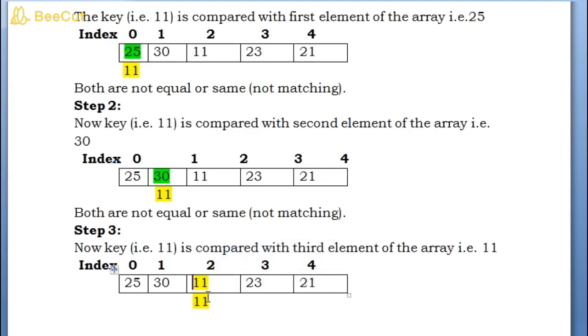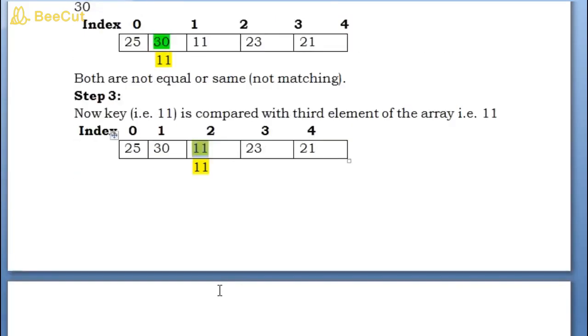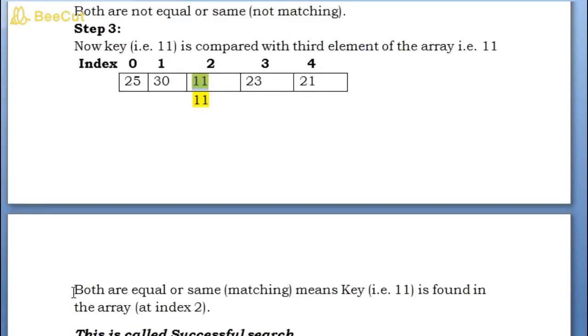Both the key value and the array value are the same, both are equal. When both are equal, that means matching. The key value is matching with the third element of the array, that is 11, which means the key is found. We say that the key is found. 11 is found in the array.